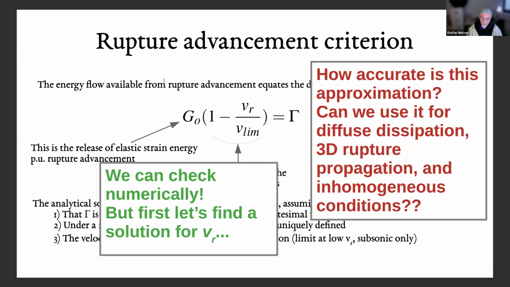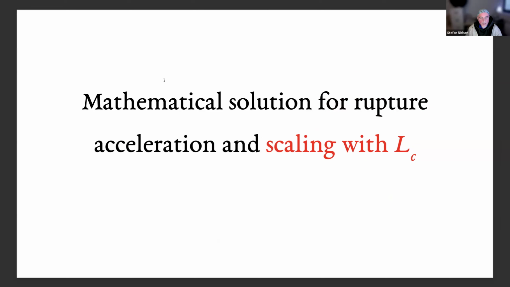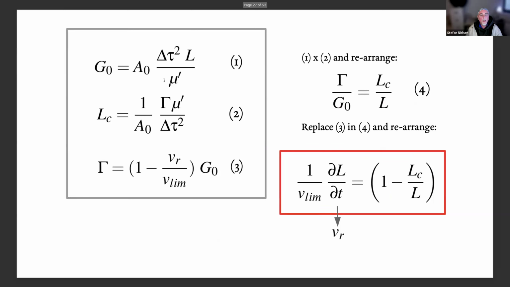But first, let's use this to find a specific solution for the rupture front. So this is the mathematical solution. Again, I'm writing three equations that you already saw. The first one is the static criterion, the static energy flow, which is made available by the formation of a crack of dimension L. The second one is the critical Griffith length for a crack under a dissipation of gamma and a stress drop of delta tau.